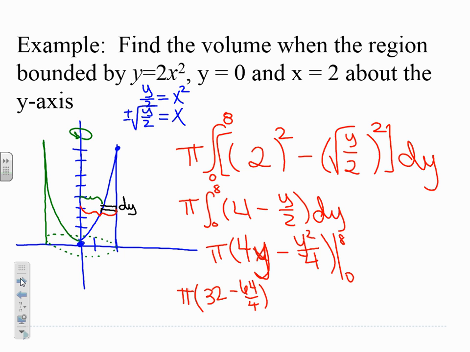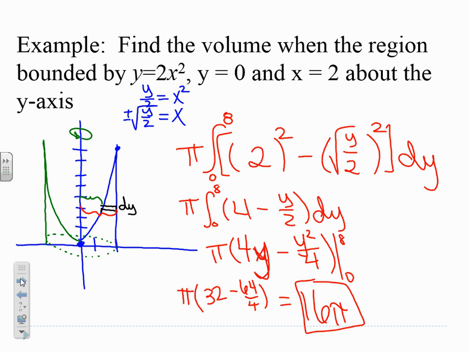That's 16. And then when we plug in 0, we get 0. So what's our answer? 16. Nice. That would be a beautiful non-calculator question, because it's easy to integrate.